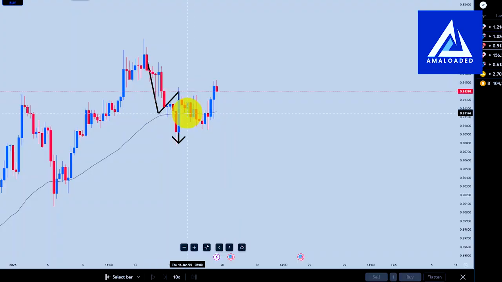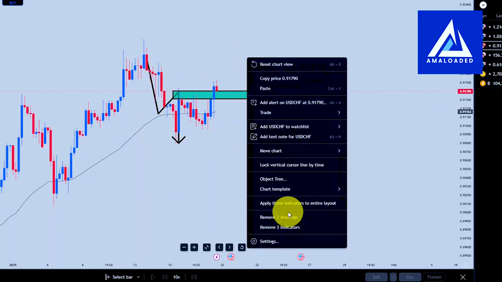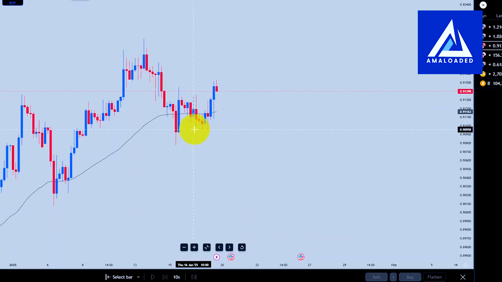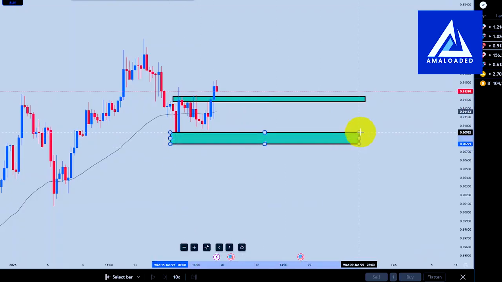Remember, I told you in a bearish market, the last lower high must be protected. In a situation whereby the price is now trading above the last lower high, that shows that the sellers are no longer in charge of the market. Right now, the buyers are in charge of the market because the last lower high has been taken out. Now, what we have to do is also protect the last low during this bullish market condition.